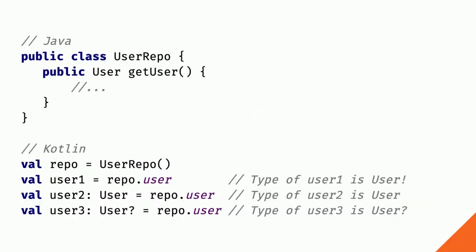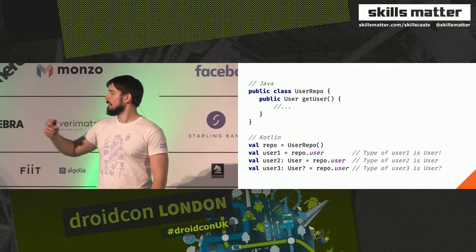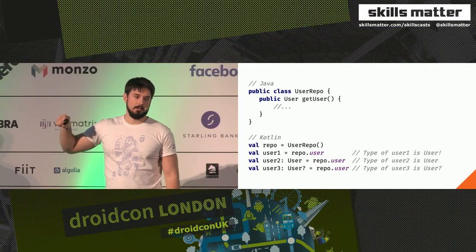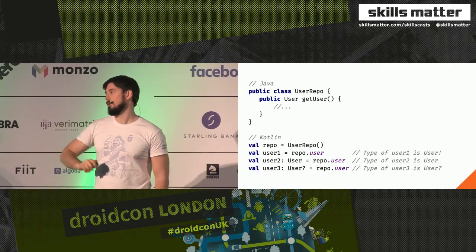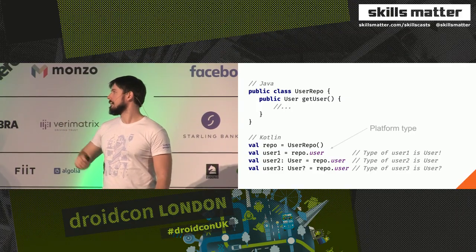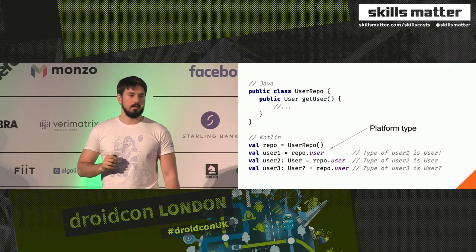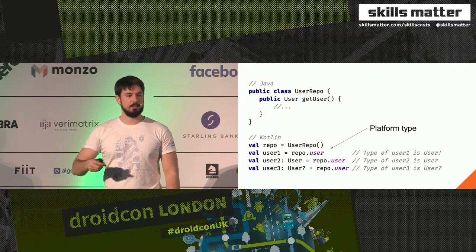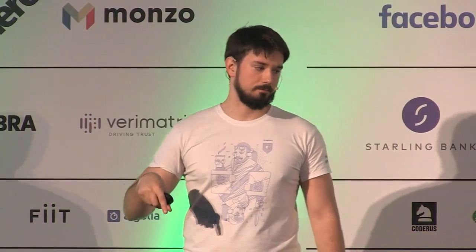But if anyways we have some Java interface or Java class returning an object with unknown nullability, when we get that in Kotlin, it's a special type that we do not really like. It's called platform type, and it still can be set as either nullable or not null.